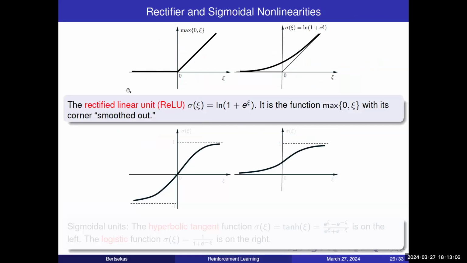The two on the top are rectified linear units, ReLU, and it's simply 0 for numbers smaller than 0, and then a linear line for whatever number is bigger than 0.